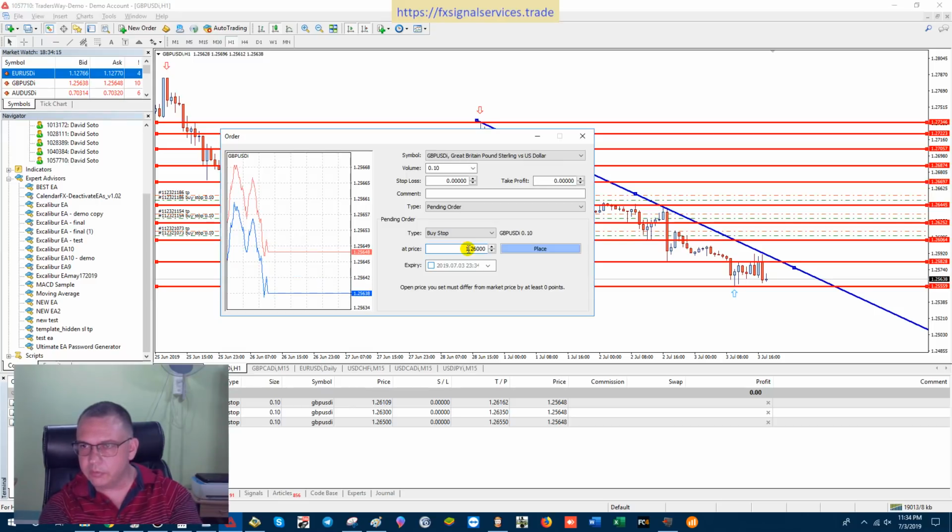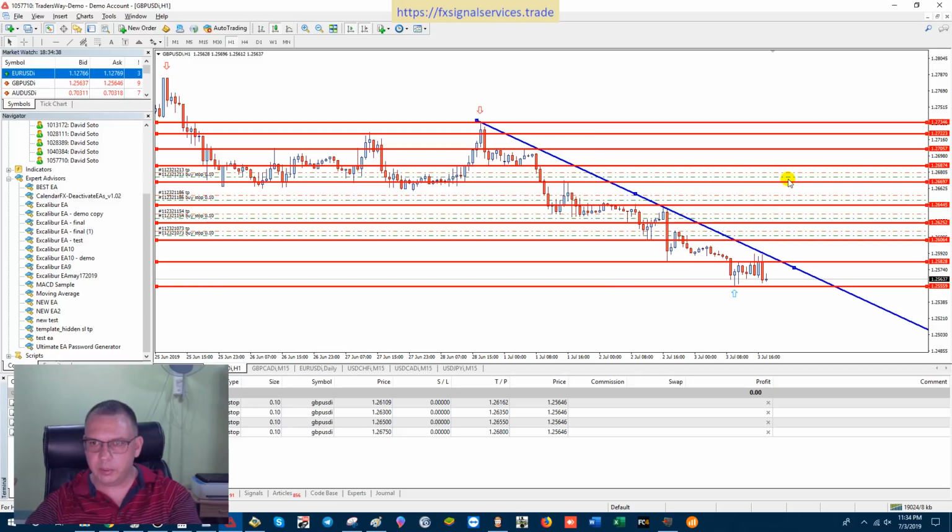I want to do 700, but I'm thinking I could do a little bit higher than that. It's real close to this line. So if I could do 750. Okay, and then here I'm going to put 1.26 800. And see how I put that pending order right in there, only 50 pips.